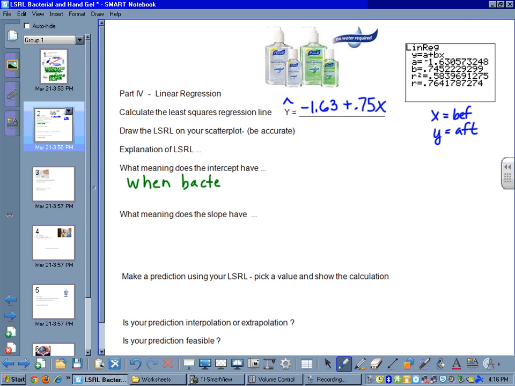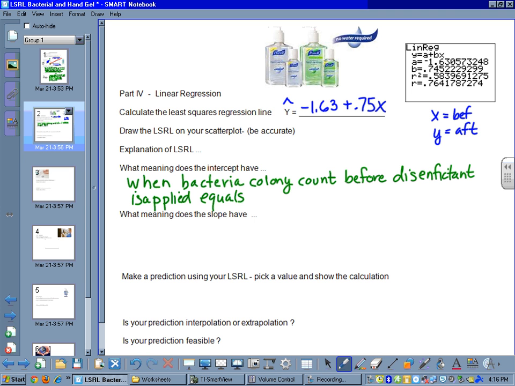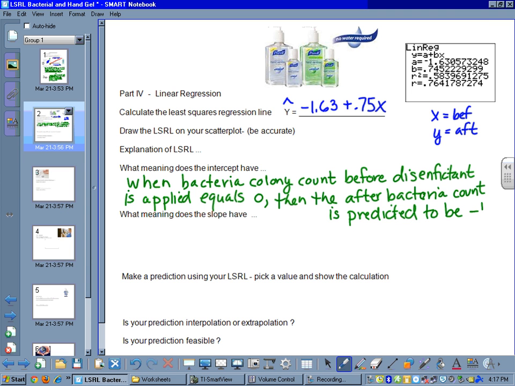When the bacteria colony count before disinfectant is applied equals 0, then the after bacteria count is predicted to be negative 1.63 colonies, which doesn't really make any sense, but that is the interpretation.